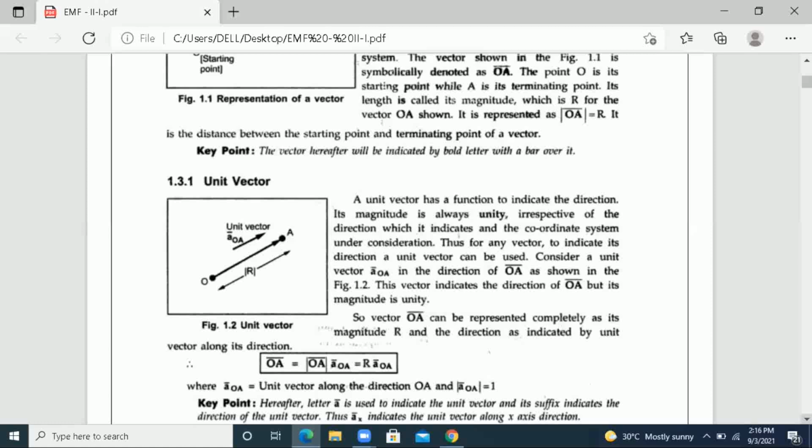Thus, for any vector, to indicate the direction, a unit vector can be used. Consider the unit vector OA. So unit vector A in the OA direction is one unit of this vector OA.